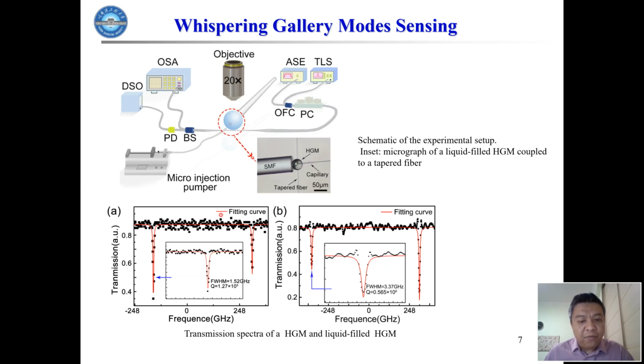This is before the liquid filling, and this is after the liquid filling. The Q factor decreased from 1.27 times 10^5 to 0.56 times 10^5. It's almost reduced by half.